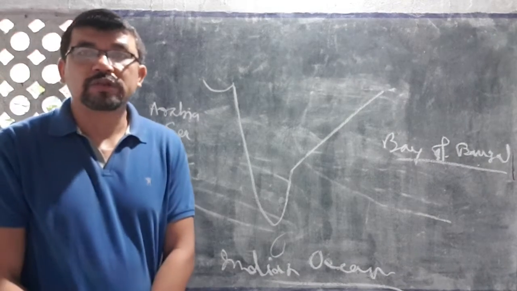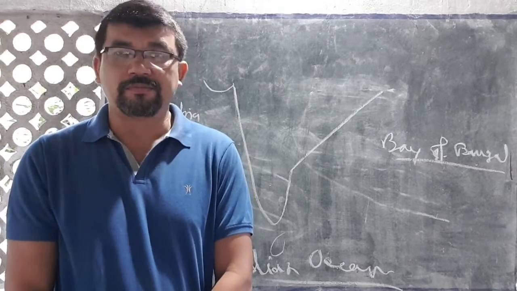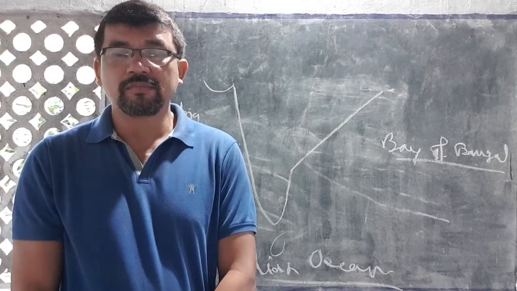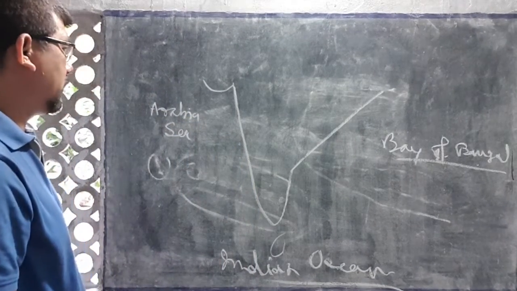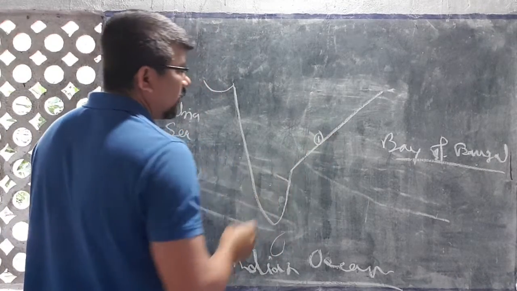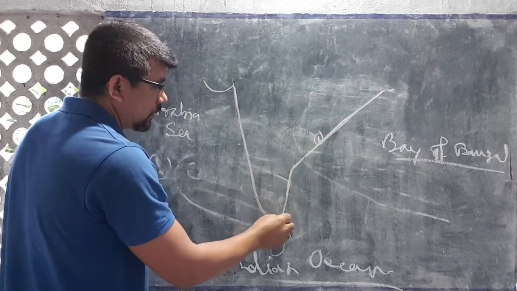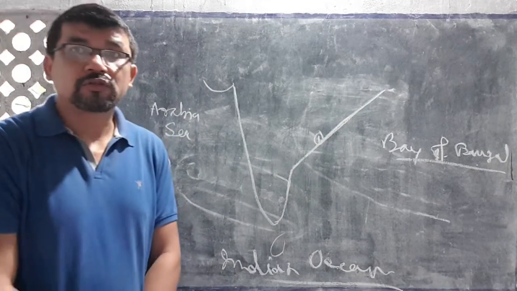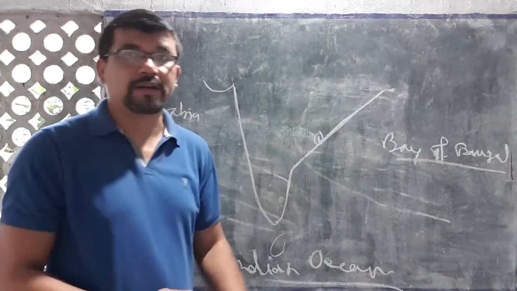Now, the Indian coastal region is mainly divided into two types. There are two divisions of coastal region found in our country. The first one is known as the East Coast of India because it is located on the eastern side.